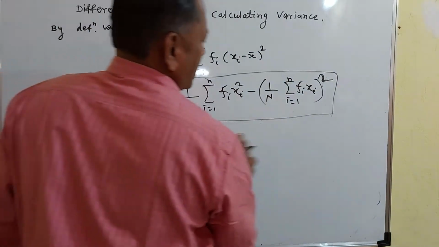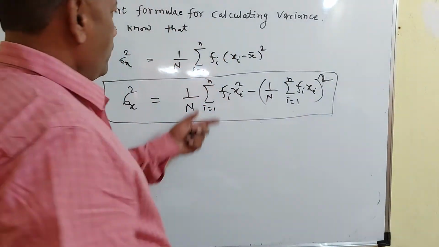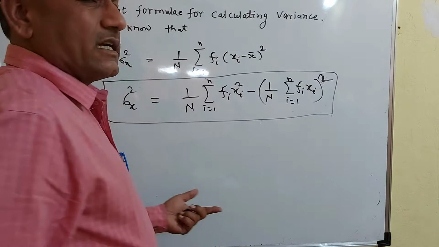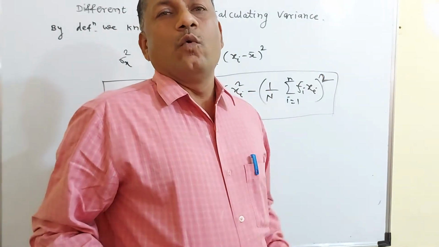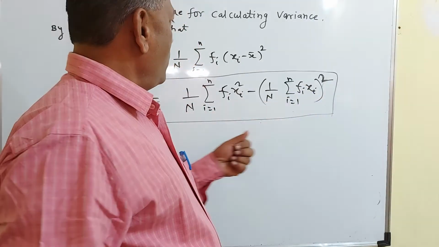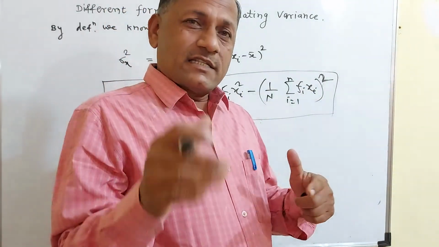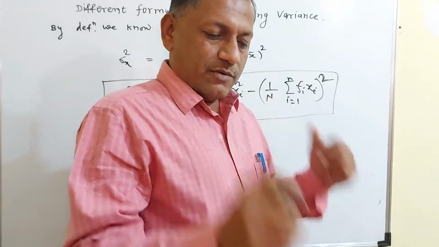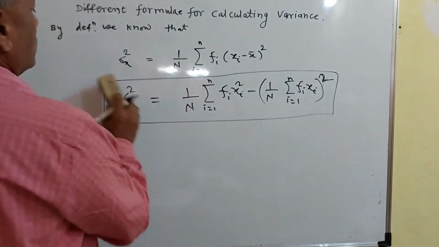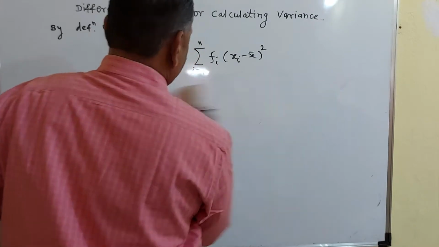So we will solve some examples on variance. Before that, we see that the variance is independent of change of origin, or the square root of variance, the standard deviation, is independent of change of origin. So we see that result.